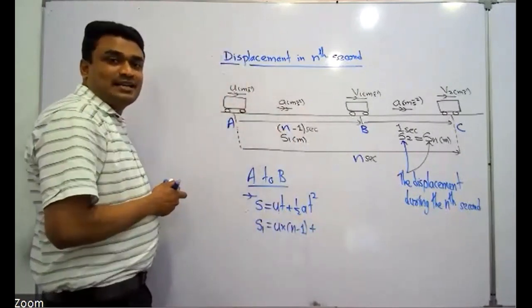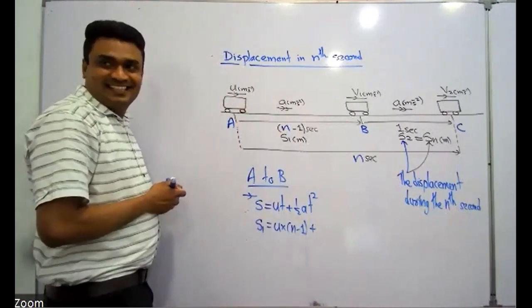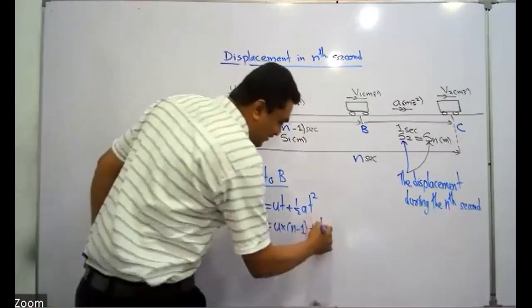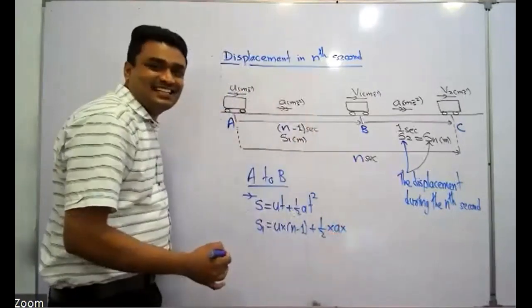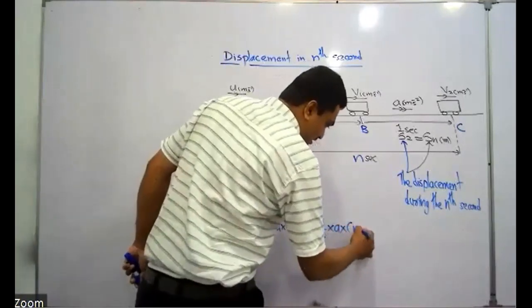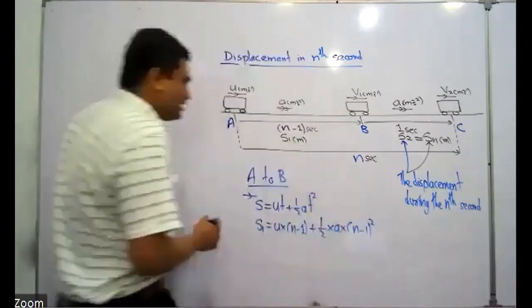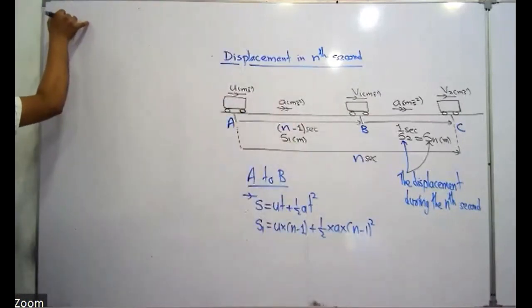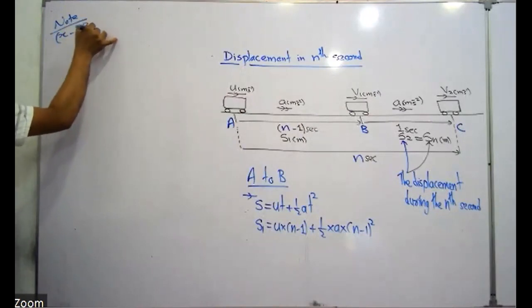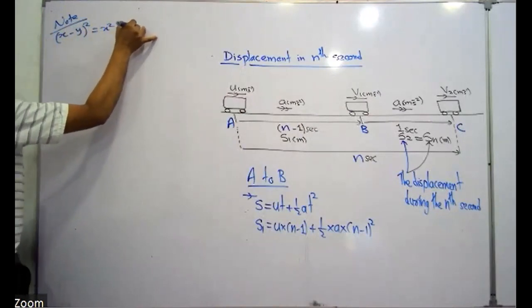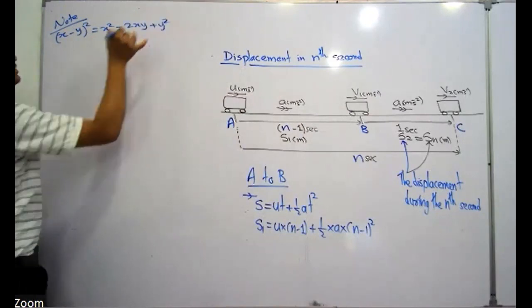If n is 10, what is n minus 1? 9. Half, acceleration is a, t is n minus 1. You remember O-level maths here: what is (x minus y) squared? x squared minus 2xy plus y squared.